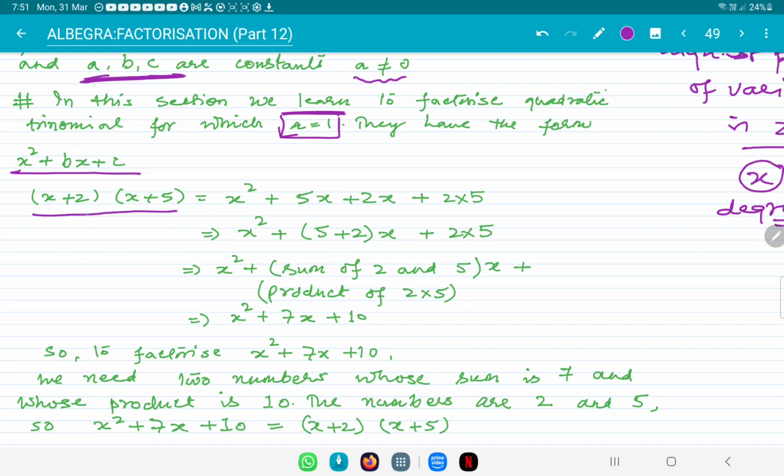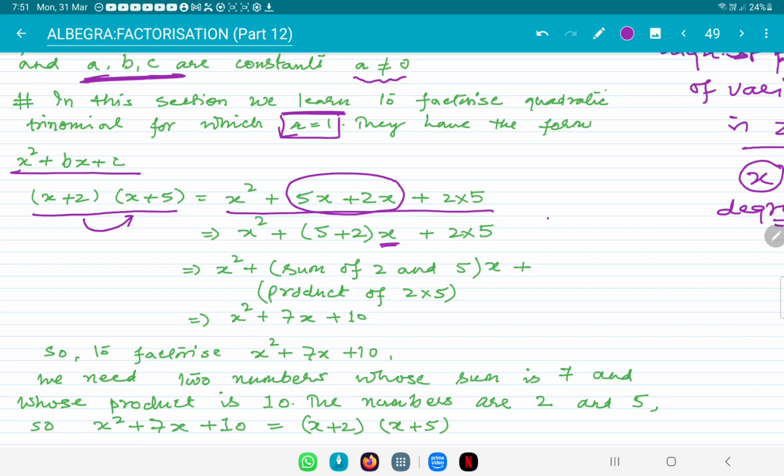Now just for example, if we have two brackets, x plus 2 and x plus 5, when we use the distributive law it becomes x square plus 5x plus 2x plus 2 into 5. These are two like terms, so we can take x common, so 5 plus 2.